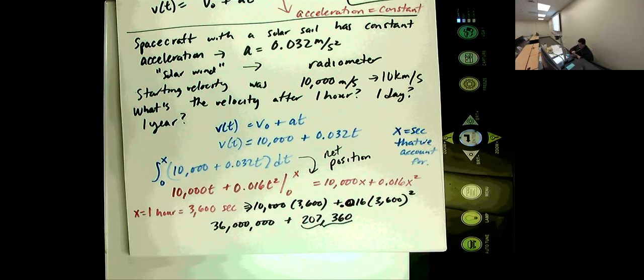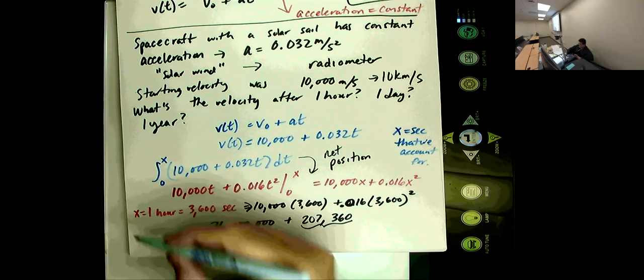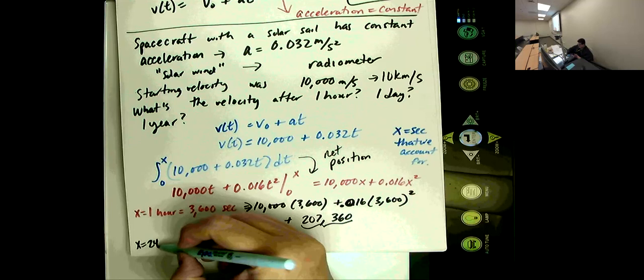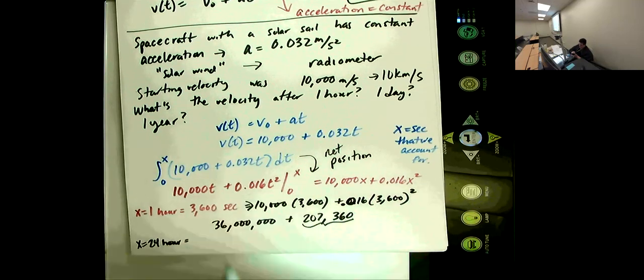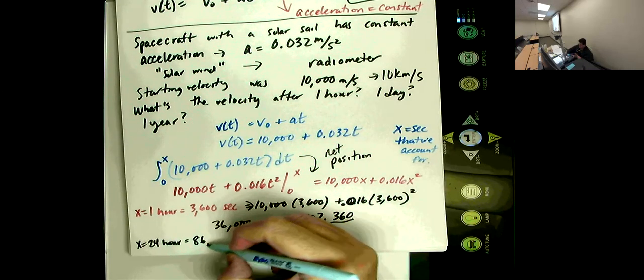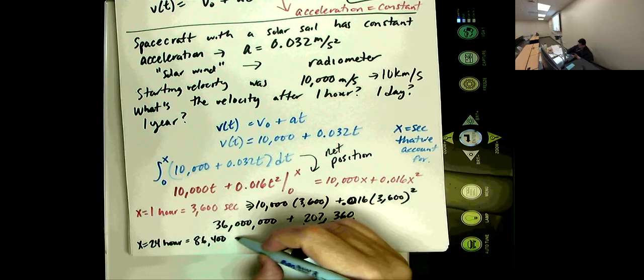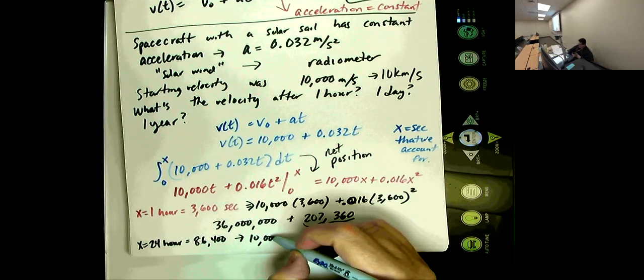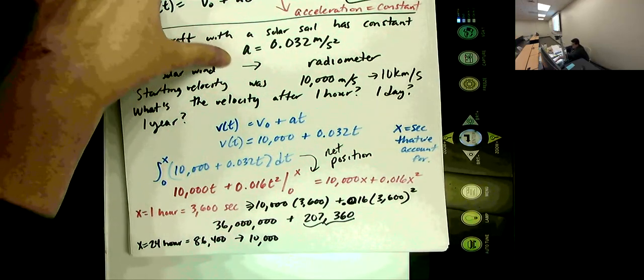After 1 day, though, 3,600 times 24 is 86,400. So we're going to do 10,000 times 86,400.